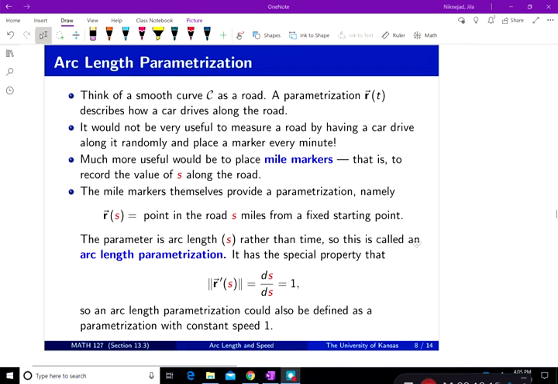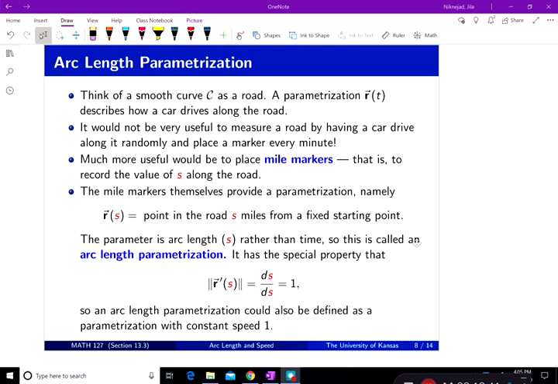So the mile markers themselves give you a parameterization, and you can write it as r of s, the point on the road s miles from a fixed starting point. So instead of that many minutes, you say miles from where you start.